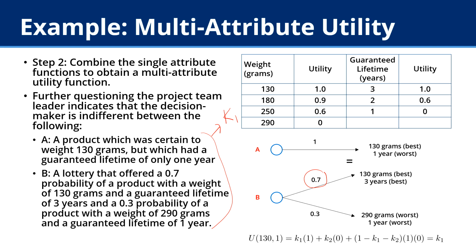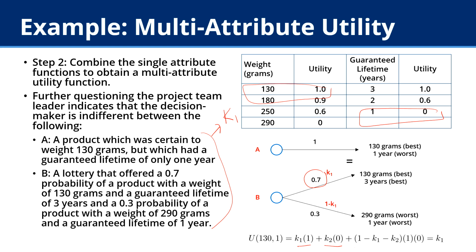We look at the multilinear attribute equation. If you plug in the values here, K1 times the utility value for attribute 1, which is 1 in this case, the best weight, plus K2 times the worst of the durability, which is 1 year, which is 0 for utility. Okay, so we're looking at this value over here, and 130 grams, 1 utility there.